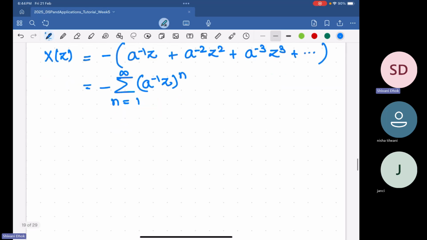Now let us substitute m as minus n, which means that m will vary from minus infinity to minus 1.